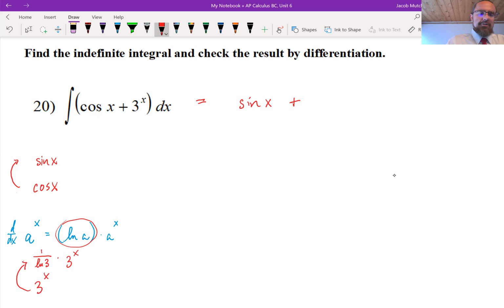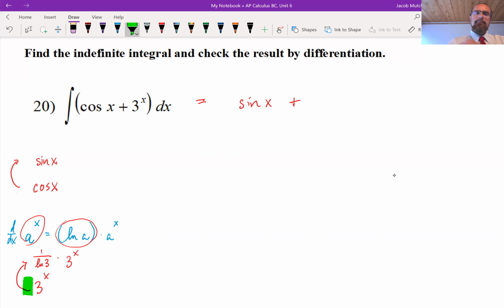Again, you can kind of check where we're starting here is essentially a to the power of x. If I take its derivative, I need that 1 over natural log of 3 to cancel out because I don't have any type of coefficient in front of the exponential base there.